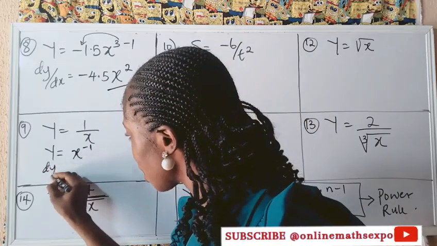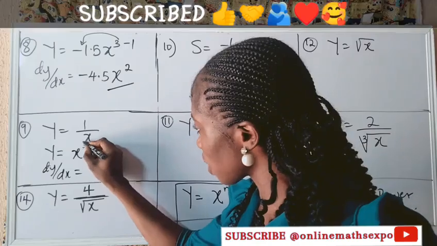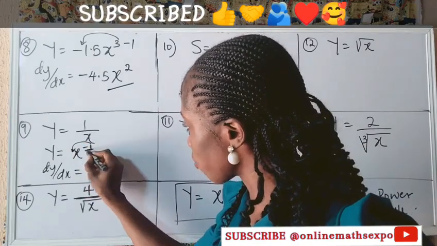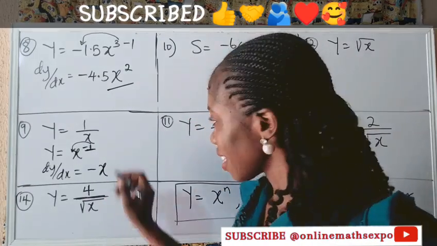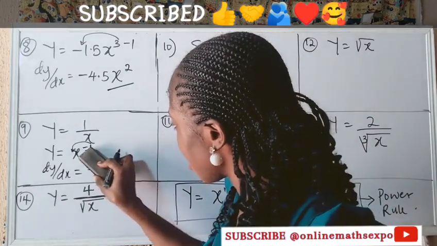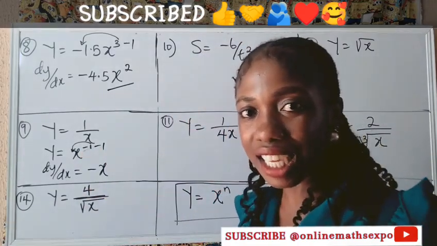We are having dy dx is equal to, use the power to multiply, negative 1 we multiply to give us negative x. Then take 1 from the power. If we take 1 from this, it will give us negative 2.